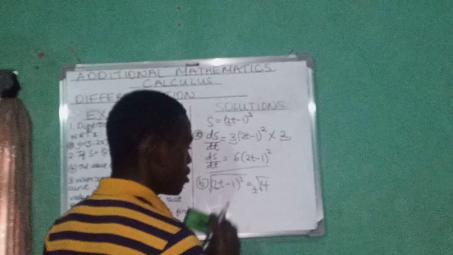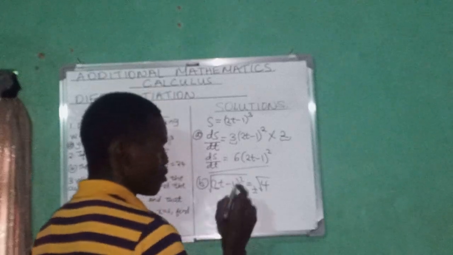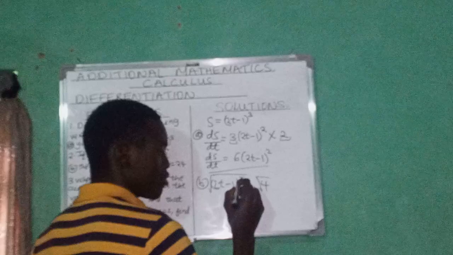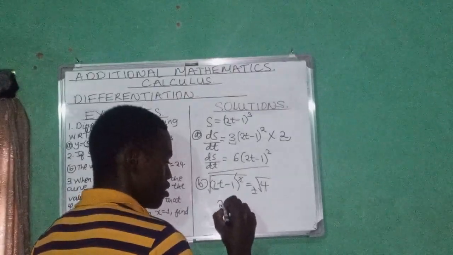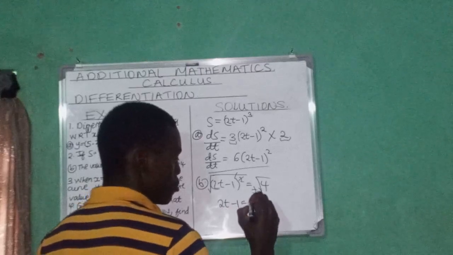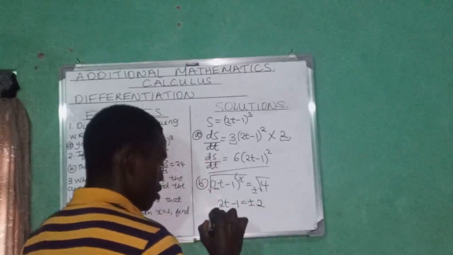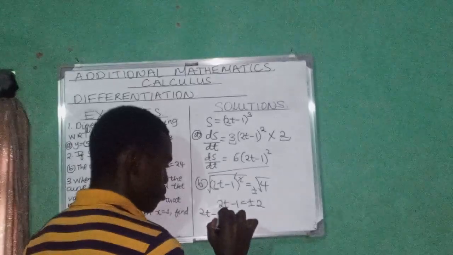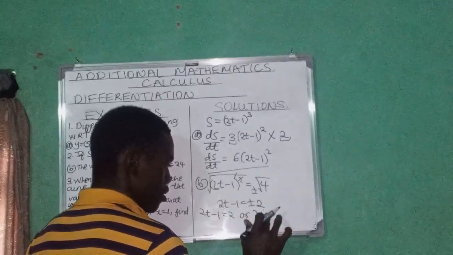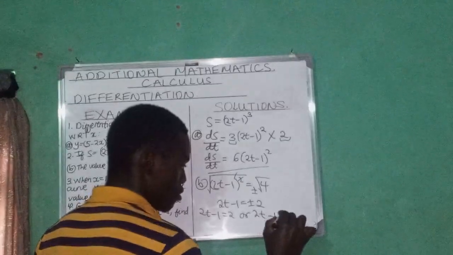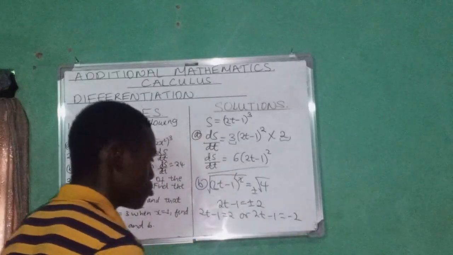So the square root will cancel out with the power 2, and we will remain with 2t minus 1 is equal to plus or minus 2. Then 2t minus 1 is equal to 2, or 2t minus 1 is equal to negative 2.